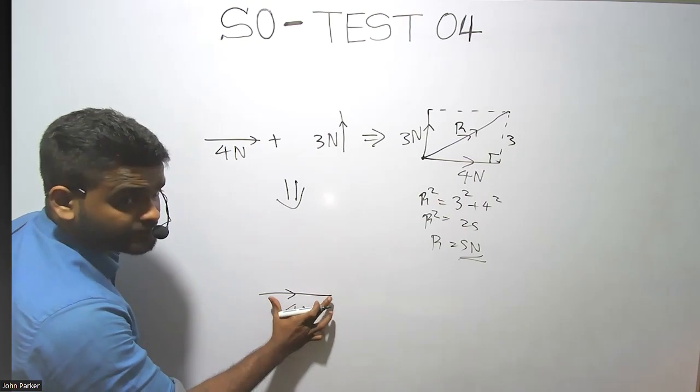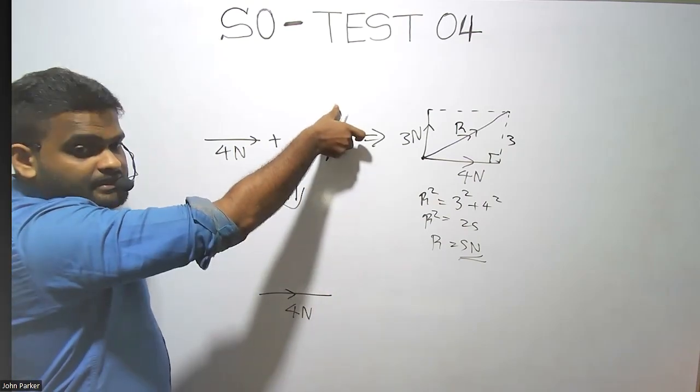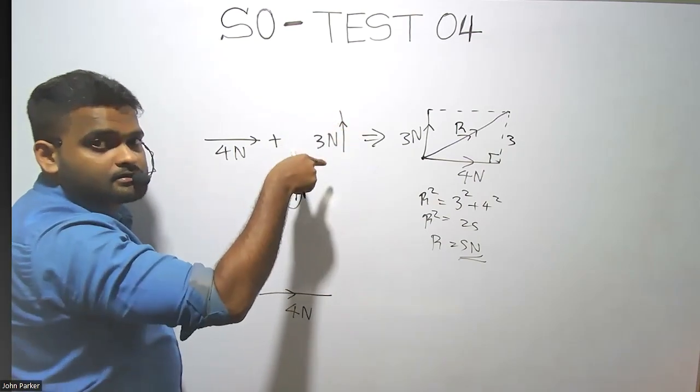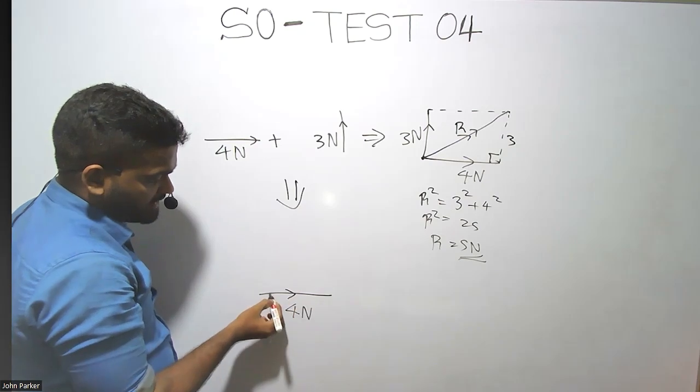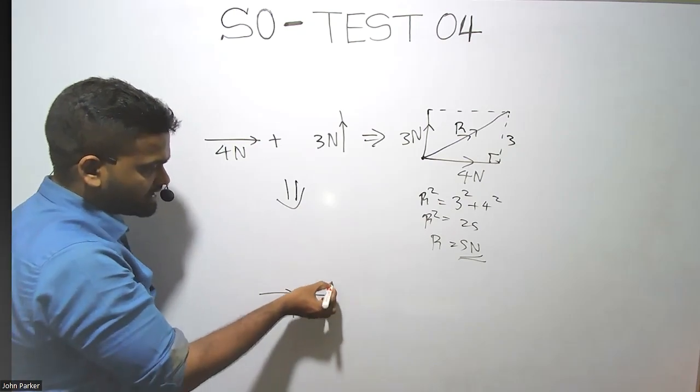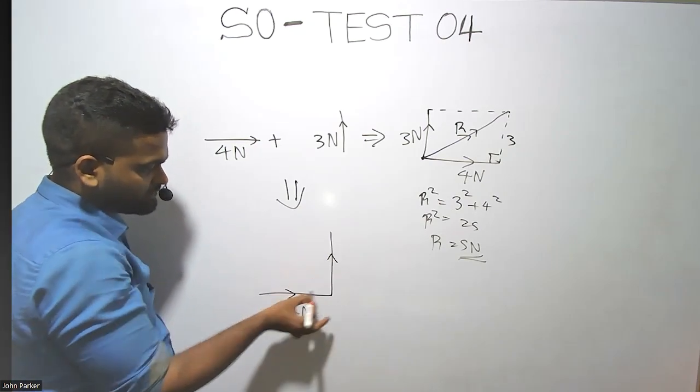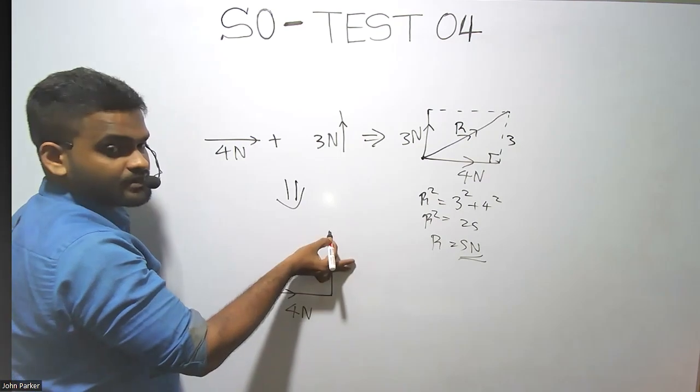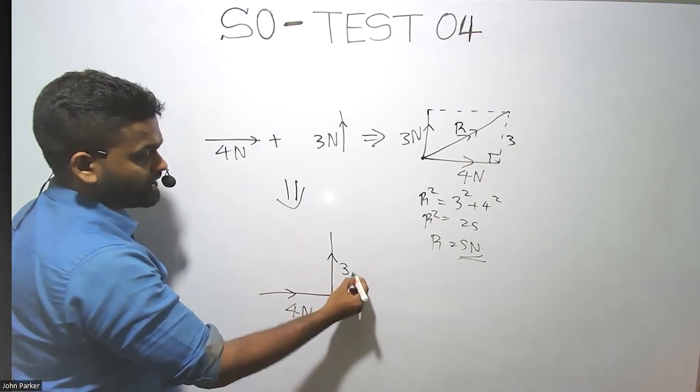4 newton here. Then for the other vector, you have to make a triangle. Where this vector ends, you start the other vector. So here you have 3 newton.